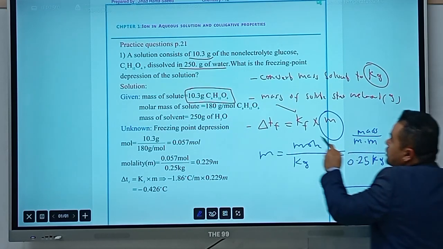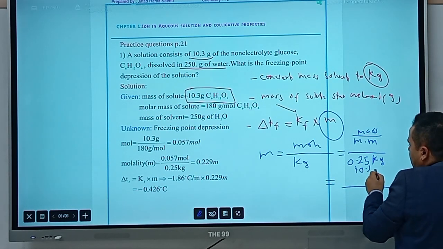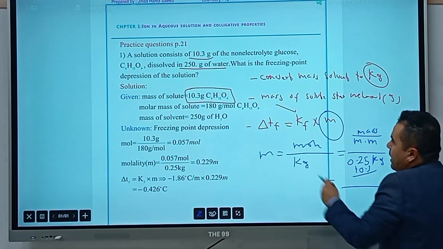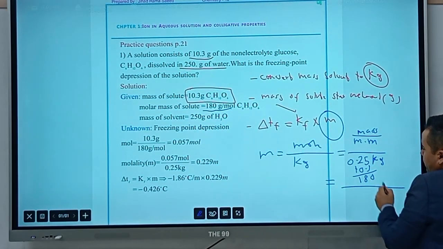The mass is given as 10.3 grams, divided by the molar mass, which should always be given, 180 grams per mole, and divided by 0.25 kilograms.